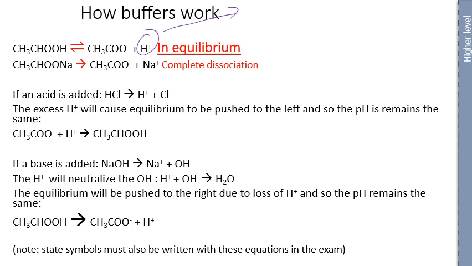Because the protons in the top equation are being taken out, the equilibrium is going to move to the right to try and create more protons, so the pH again remains the same for that particular system. So note that these systems must also be written with these equations in the exam, even though I haven't done it on this particular slide.